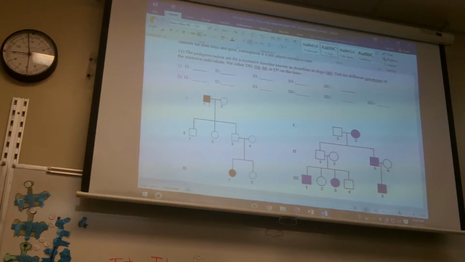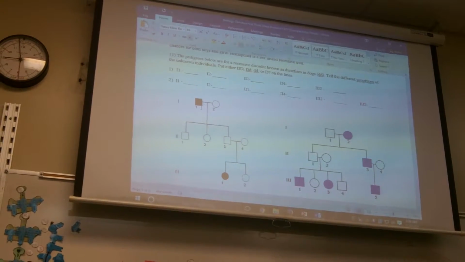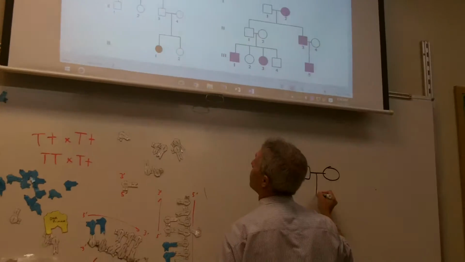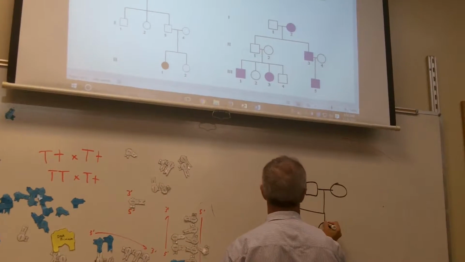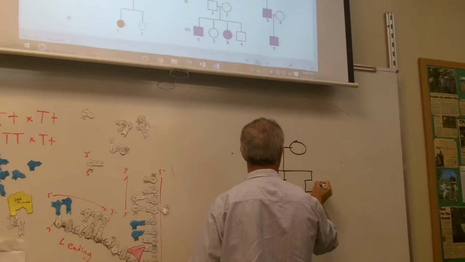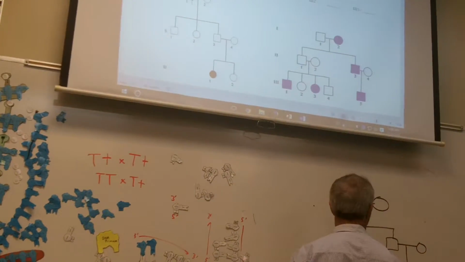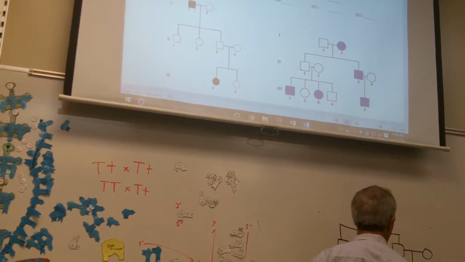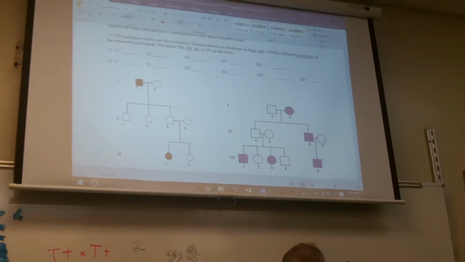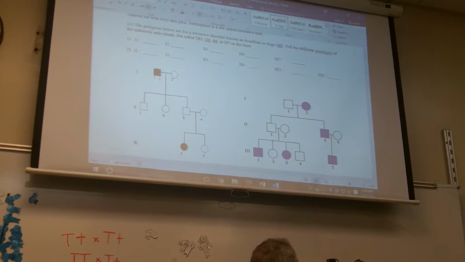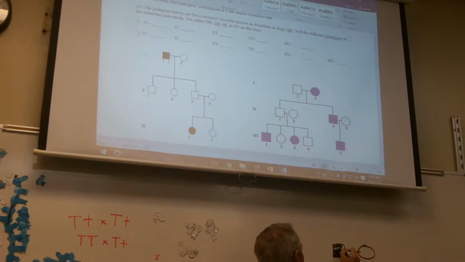Square, circle, square, circle, square. Look, I'm copying the chart on the left. Circle, circle, circle. That one's affected. That one's affected. Will it give you the pedigree? Heck yeah, they'll give you the pedigree.